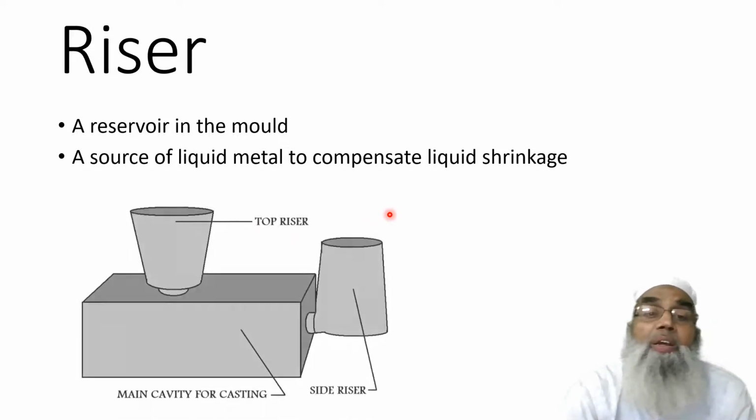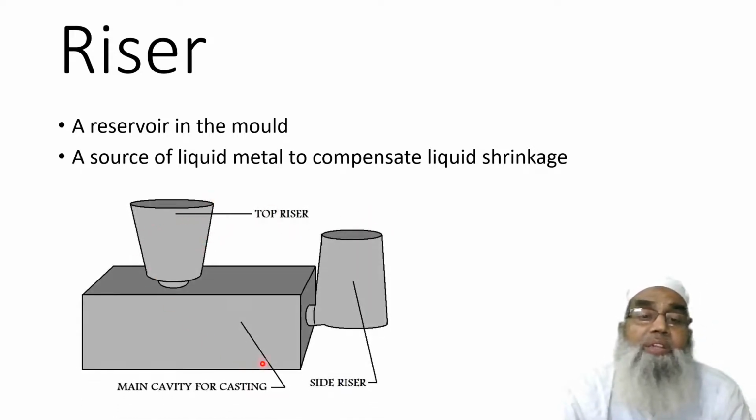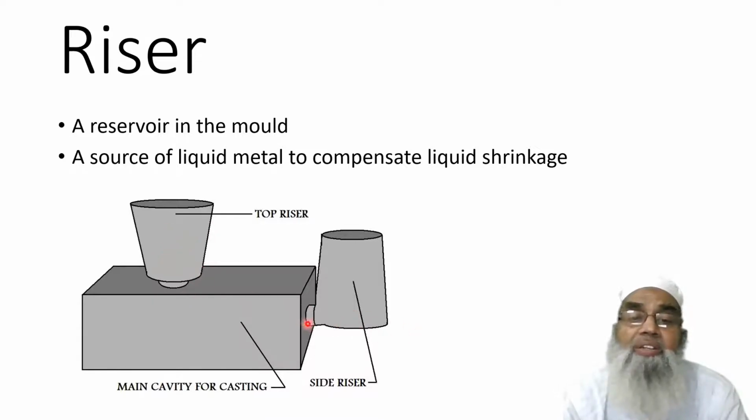Now this is the actual main cavity for the casting, and this is a top riser, which is at the top of the cavity, while this one is at the side of it.